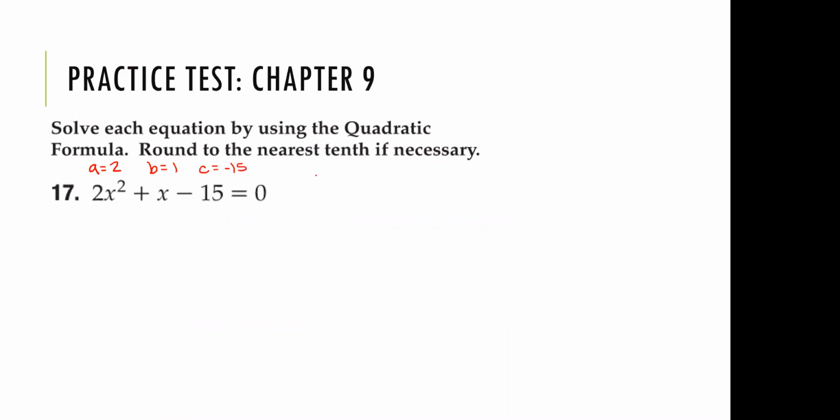Then we're just plugging that information into our equation, okay? So our equation is x equals negative b plus or minus the square root of b squared minus 4ac all over 2a.